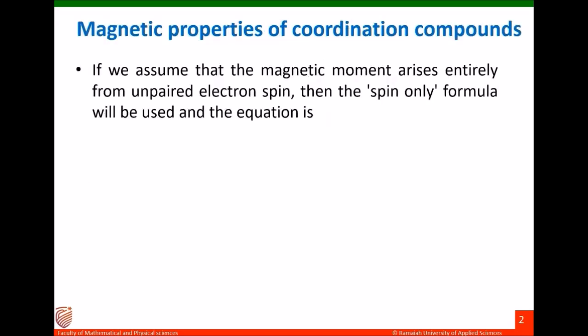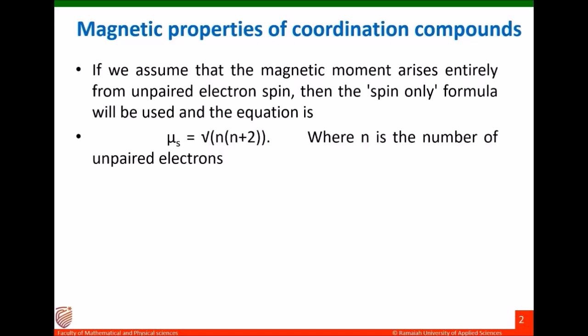But here we assume that the magnetic moment arises entirely from unpaired electron spin, then the spin only formula will be used, and that equation is mu s equals root of n into n plus 2, where n is the number of unpaired electrons. So here we consider the magnetic moment arises only from the electron spin.